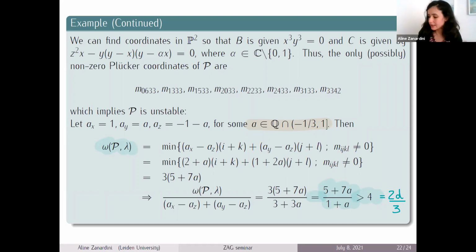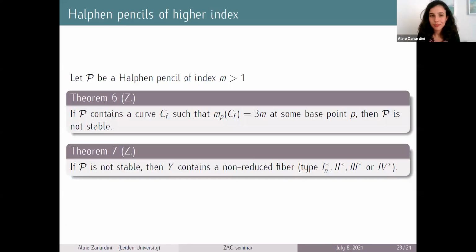Okay, so this concludes the example. The next slide, before the references, is just answering the question: what can you say about other indexes? We can talk about Halphen pencils of any index m, and we can ask about their stability.